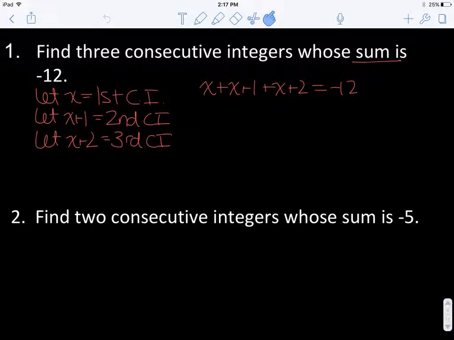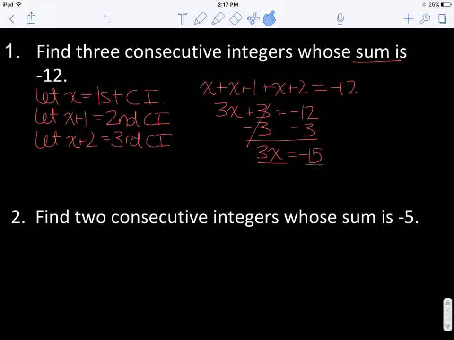When I combine like terms, I end up with 3x plus 3 equals negative 12. Solve it out like a two-step equation. Subtract 3 on each side, and 3x equals negative 15. We'll divide by 3. x is equal to -5.